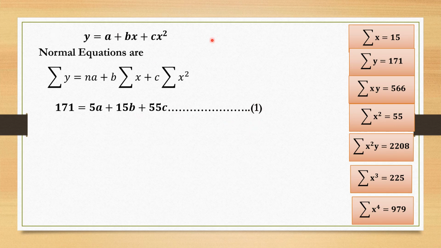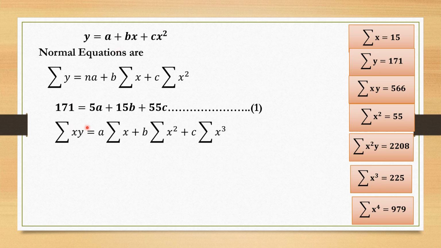Now write the second normal equation. The second normal equation is got by multiplying this equation by x and then taking the summation. So we have summation xy is a into summation x, b into summation x square and c into summation x cube.